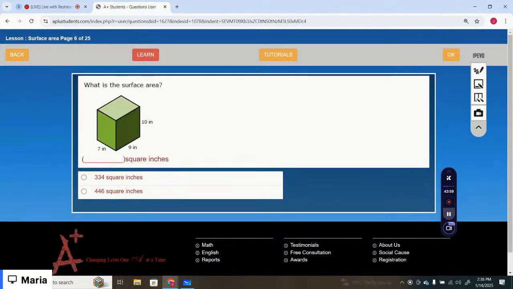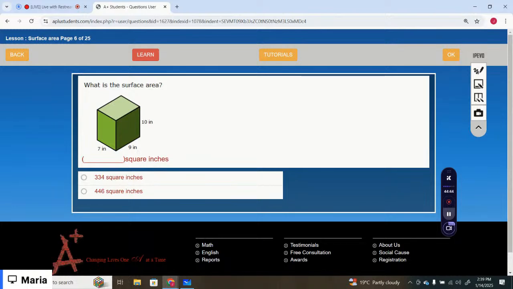What is the surface area? Let's just calculate the area, right?